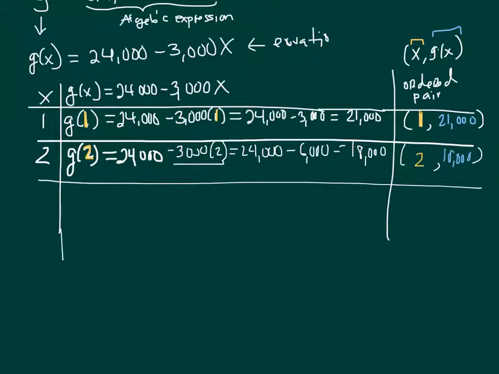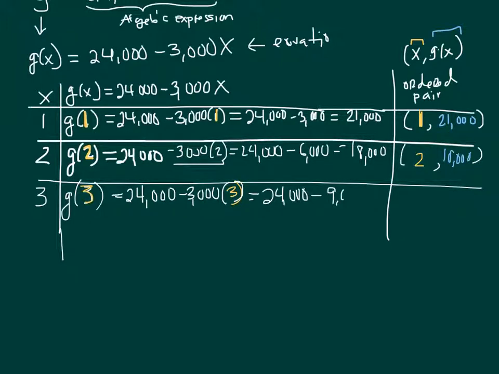Okay, and maybe after 3 years, g of 3. And again, we're evaluating 24,000 minus 3,000 times 3, which is 24,000 minus 9,000.